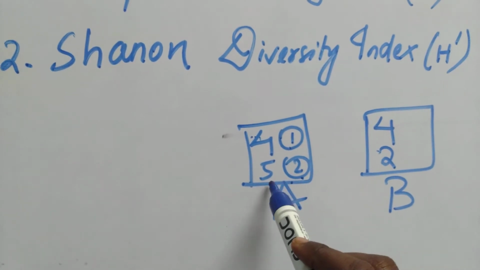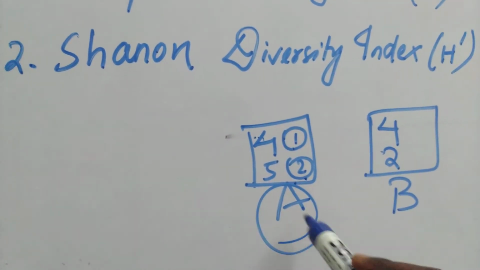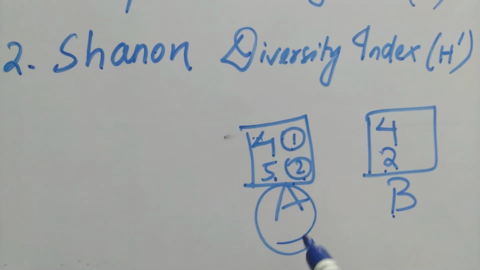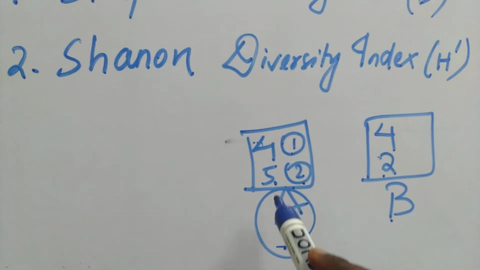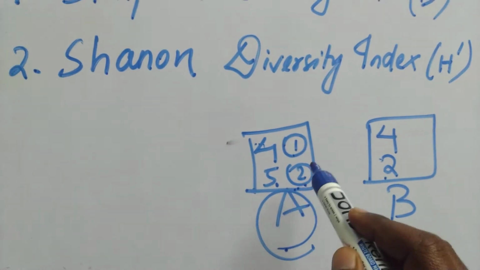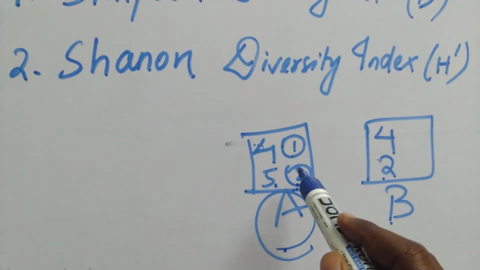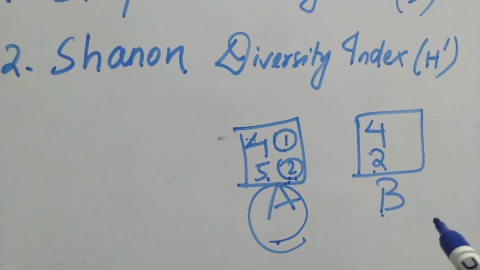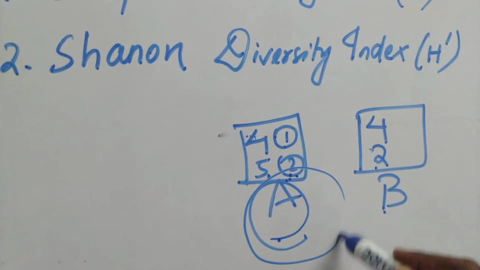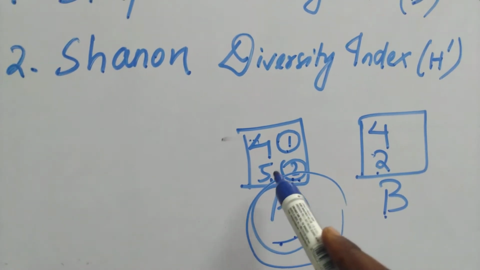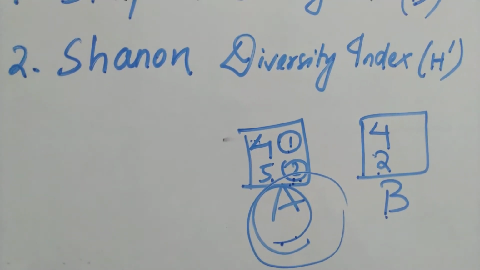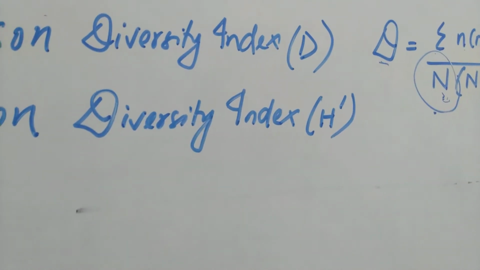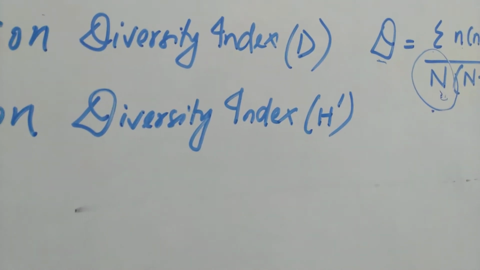Rather, there is more species richness in A, because in A it is 5 and in B it is 2. So sample A has more species richness than sample B. So what's the formula for the Shannon diversity index?